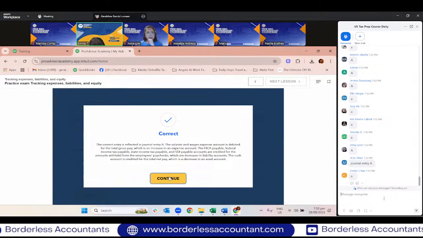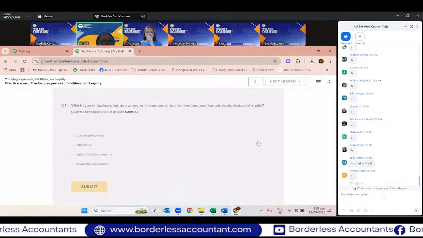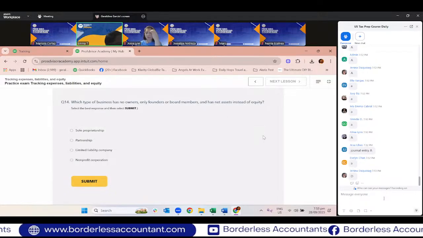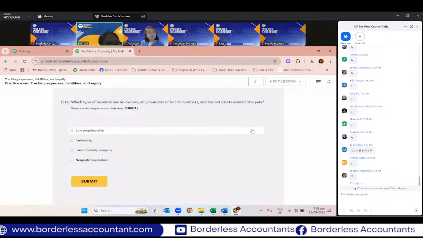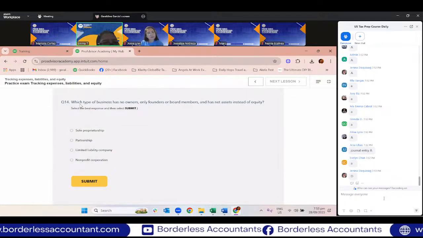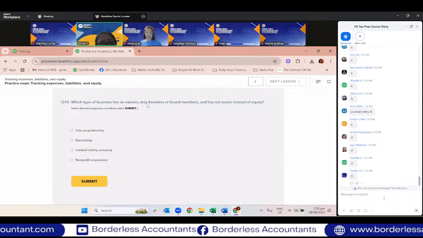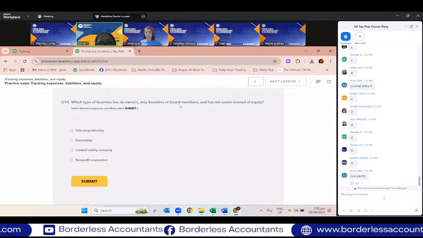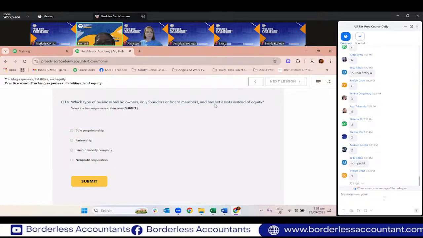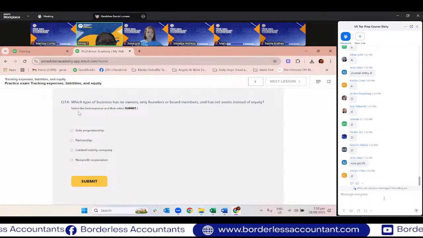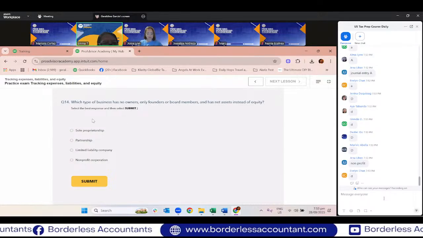So let's continue. Now we are already on question number 14. Which type of business has no owners, only founders or board members, and has net assets instead of equity? So this was already discussed. I think this is okay.